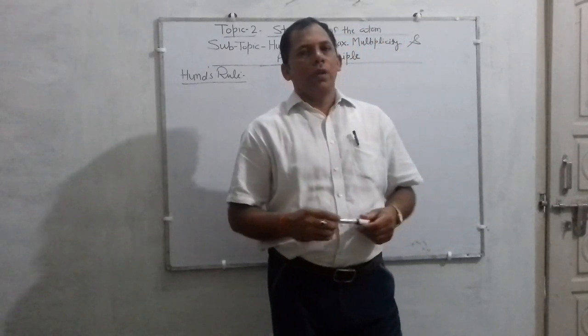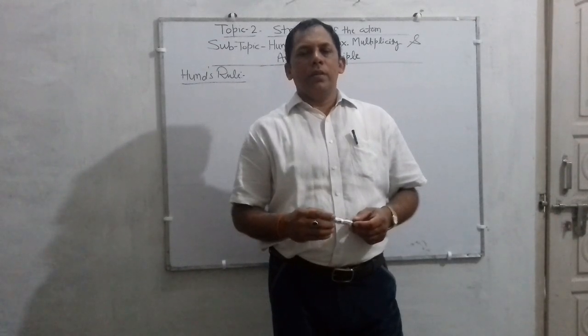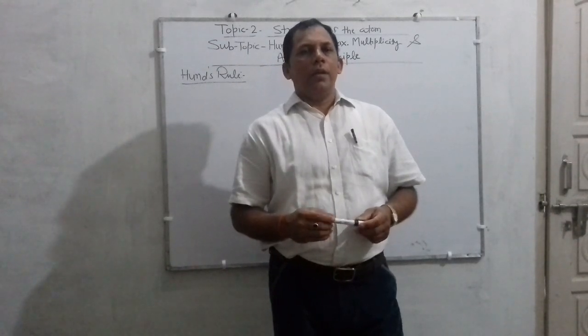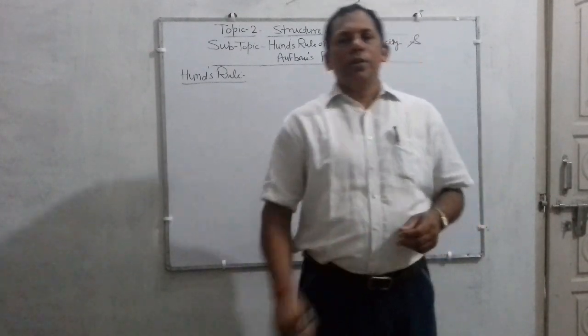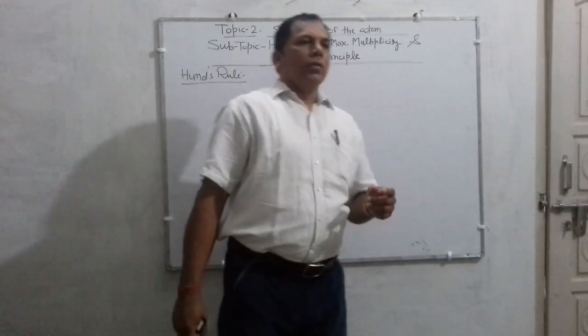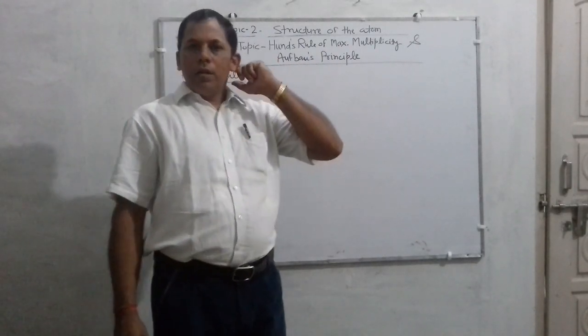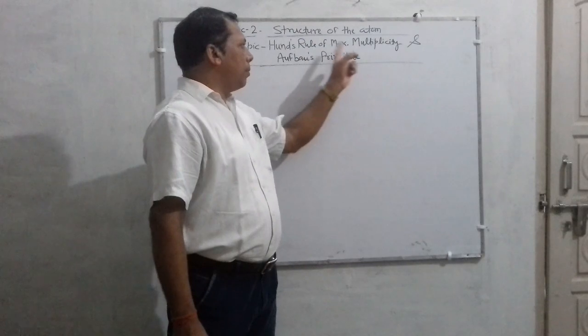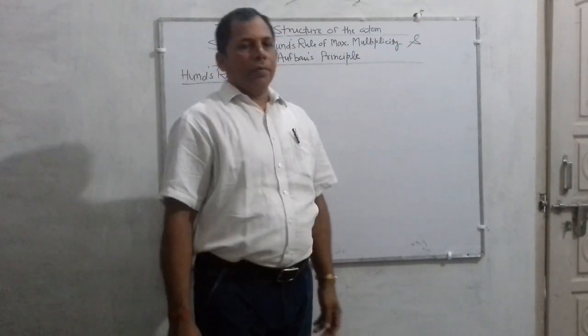And in this chapter we are heading towards the end. In today's lecture, we are going to study some rules, called Hund's rule of maximum multiplicity and the Aufbau principle.